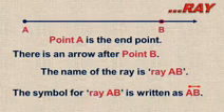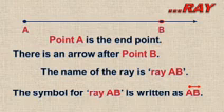Students, the symbol for a ray is given in this slide. The ray AB is written in symbol form by simply writing AB and putting a line over A and B with a dot at one end and an arrow at the other end. The direction of the arrow shows the direction in which the ray is extending.